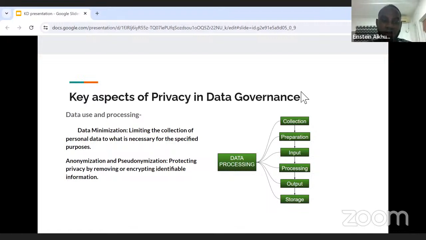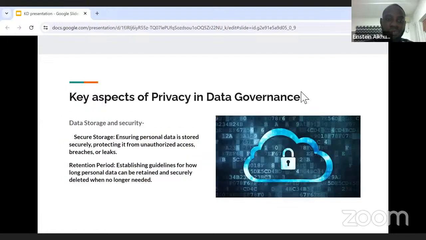For example, all of us web developers, when we want to input passwords, we use bcrypt to encrypt the password so that once it's saved, it's saved as a hash in our database. That is one of the key aspects of privacy in data governance.